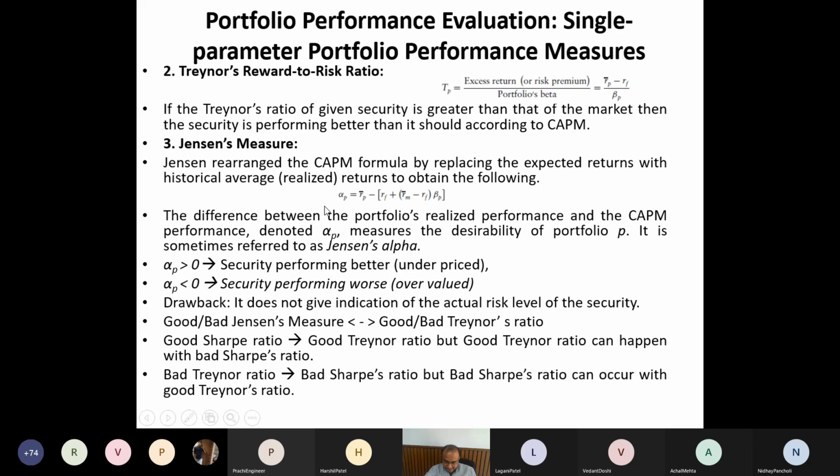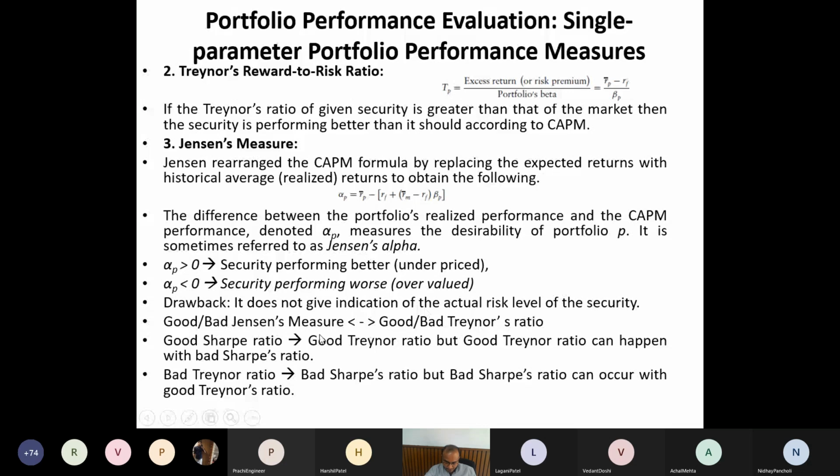If you compare Jensen with Treynor or Sharpe, good Jensen implies good Treynor, because here beta p is in the denominator, while in Jensen beta p comes in the subtraction factor compared to Rp. So good Jensen means good Treynor, bad Jensen means bad Treynor, and vice versa.